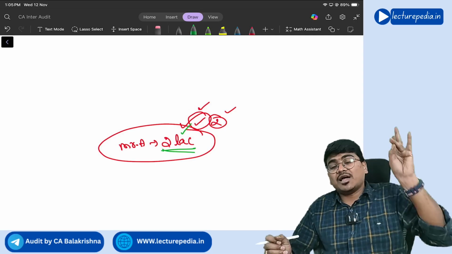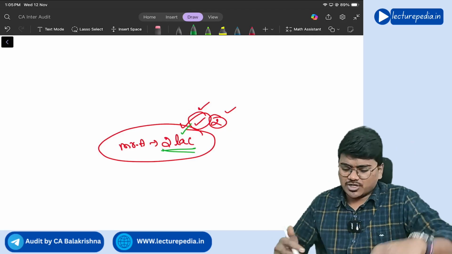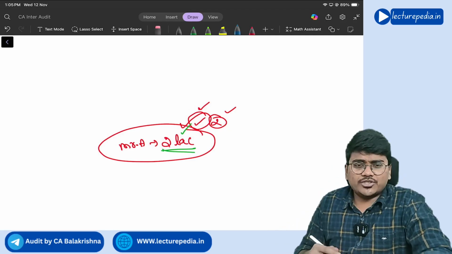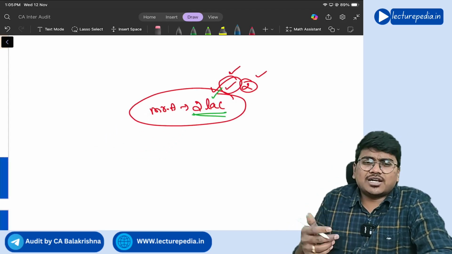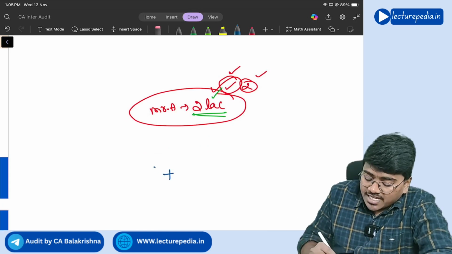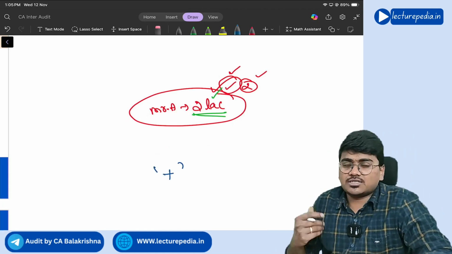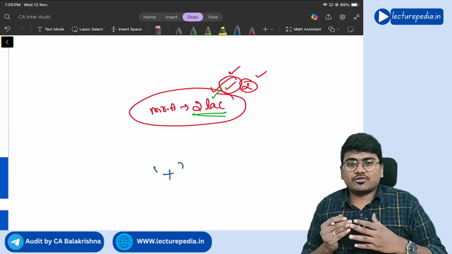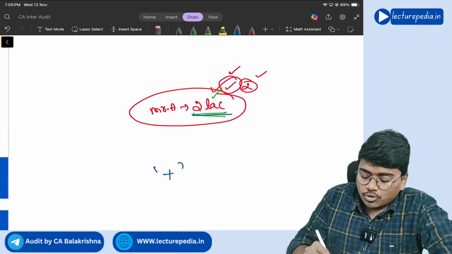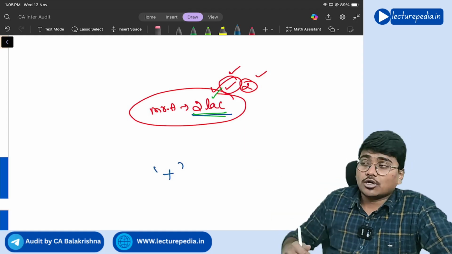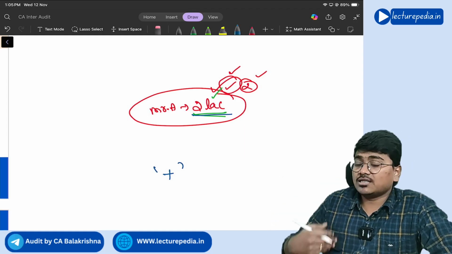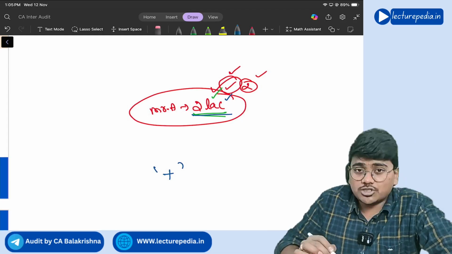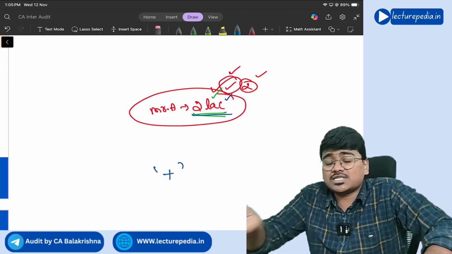The third one is blank confirmation request. In case of blank confirmation request, generally a blank confirmation request is a type of positive confirmation request. Here what will happen is, in case of positive confirmation, you are mentioning this amount of 2 lakhs and sending it to the debtor. Now what is the guarantee that he will actually verify this 2 lakhs from his books of accounts and respond?